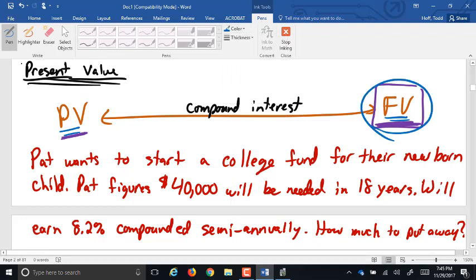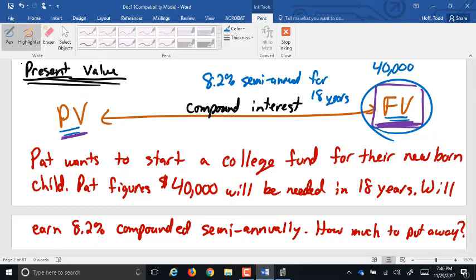So what we know is this is the amount up here, the 40,000 that we want to have in the future. The compound interest is going to be the 8.2% semi-annually for 18 years. We're trying to find what we need to start with. So we're going backwards.